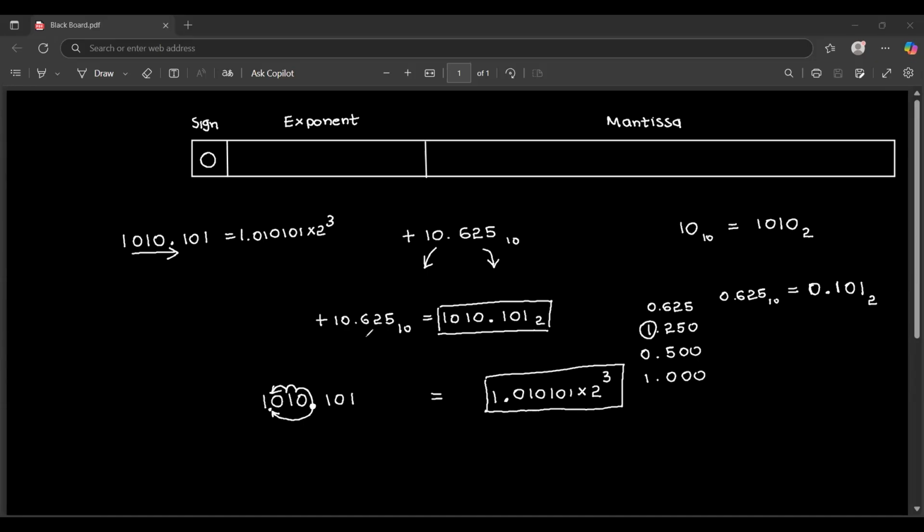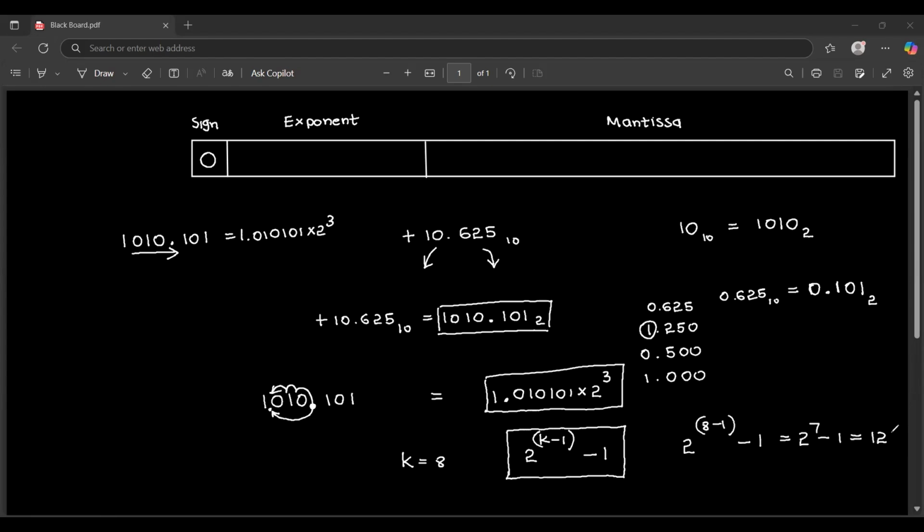Since we have 8 bits for the exponent, k is equal to 8. What you have to find is 2 to the power k minus 1, minus 1. This is the number that we are going to add to 3 in this case. So 2 to the power 8 minus 1, minus 1, which is 2 to the power 7 minus 1, equal to 127.